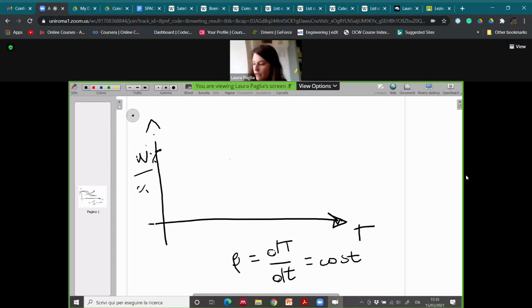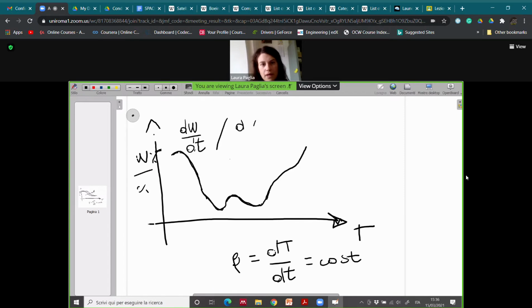The derivative curves can have this shape. For example, a continuous line, not like this. So this one will be in this way or in this way.